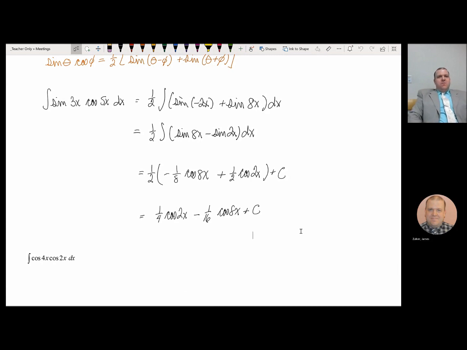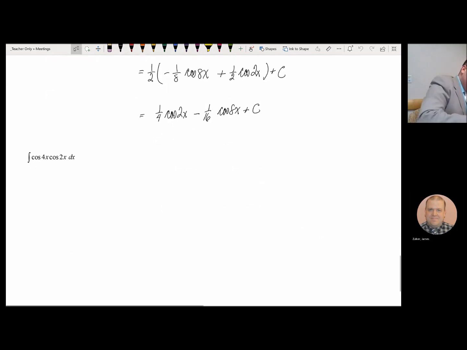So now what about cosine of 4x times cosine of 2x? Again, different angles. So we're going to have to use this product to sum.